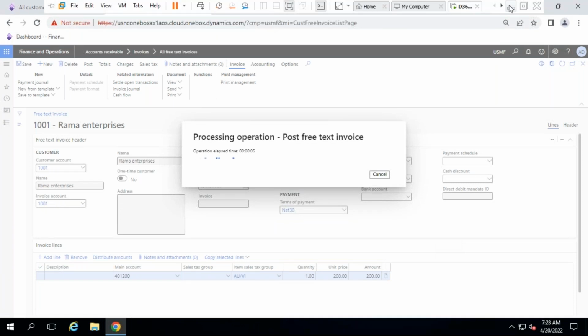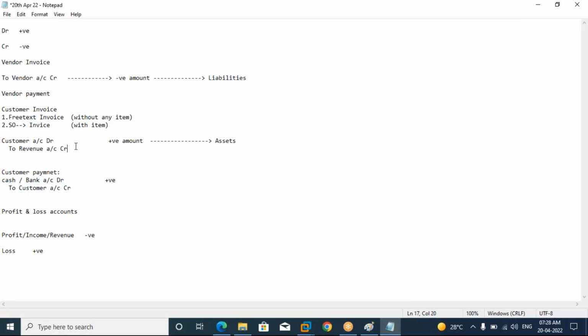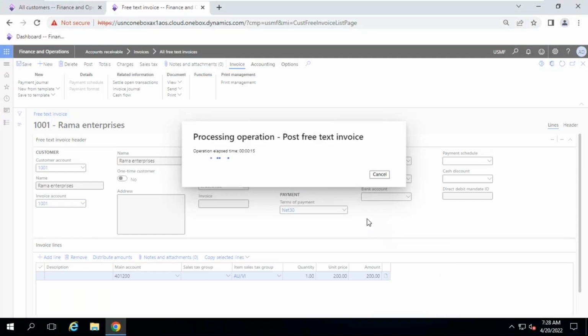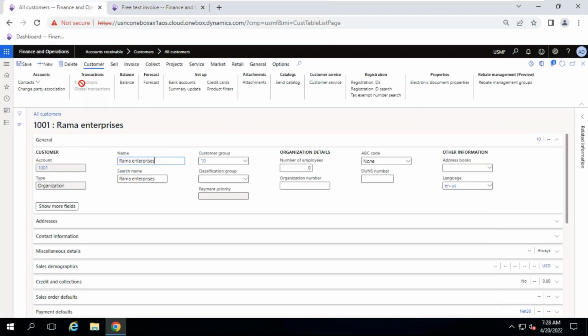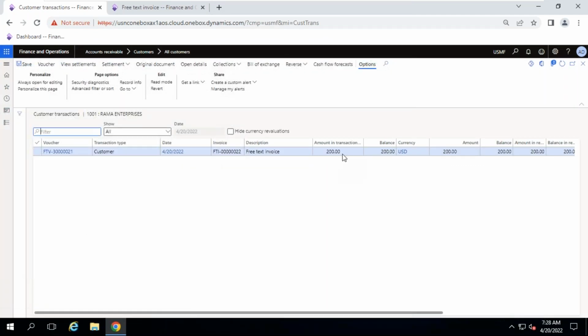So while invoicing the customer, this is debit. The customer invoice is debited. Now if you go to the customer transactions, as of now transactions are disabled. If I refresh, it is showing transactions. The customer account is debited, positive.